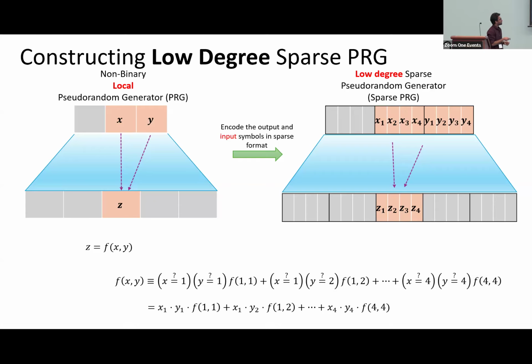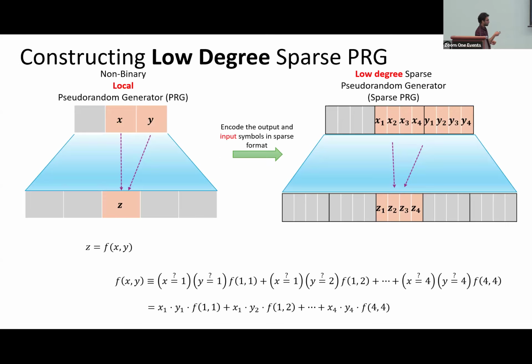So note that this expression has equality checks, which is a high degree computation. But in the sparse world on the right, we already have a sparse encoding of the input symbols.